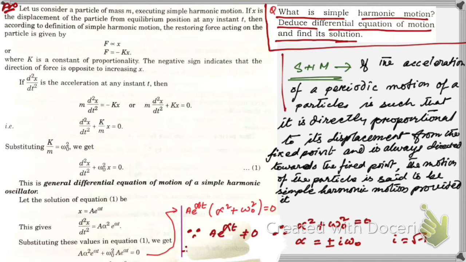Provided the displacement from the equilibrium position, that means the fixed point, is small, right? So this is called simple harmonic motion. So hope you have understood this.